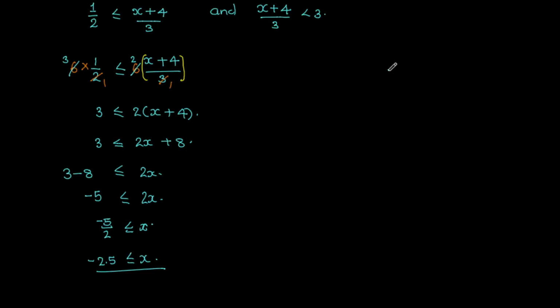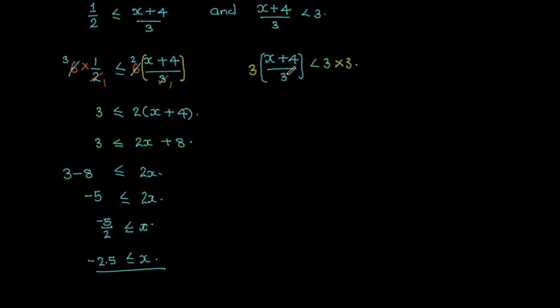So the second solution is done the same way, where we have (x plus 4) all over 3 is less than 3. Now here, multiplying by the LCM, and this time, since this one is not a fraction, the LCM is 3, so we have 3 here and from the right hand side also 3.